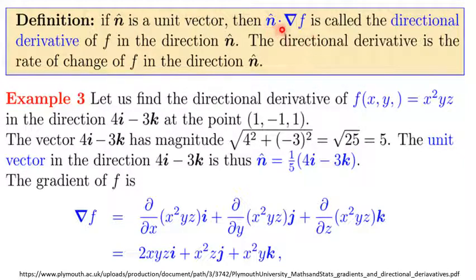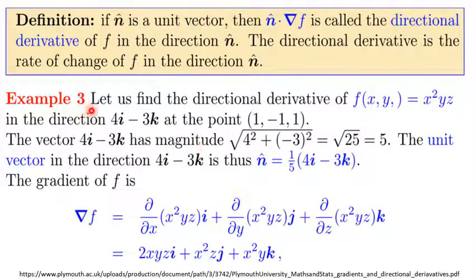So n cap multiplied by del f shows the direction of the gradient, which is a vector quantity, because del f is a vector quantity. And what is the significance of the directional derivative? The directional derivative shows the rate of change of a function, and its rate is maximum in the n direction.